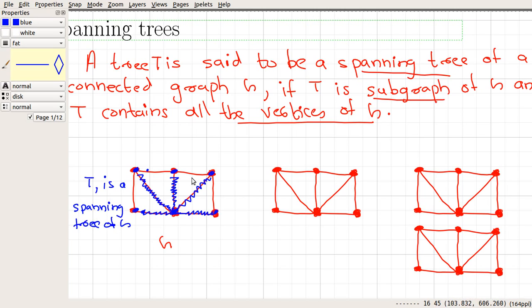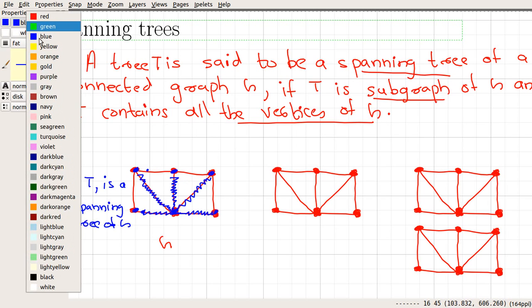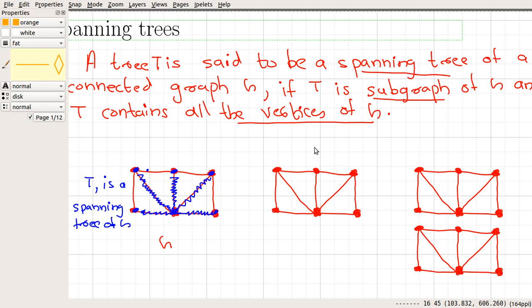Similarly, a graph could have many spanning trees. For example, another spanning tree of that graph may look something like this. It must contain all the vertices and it is a subgraph.